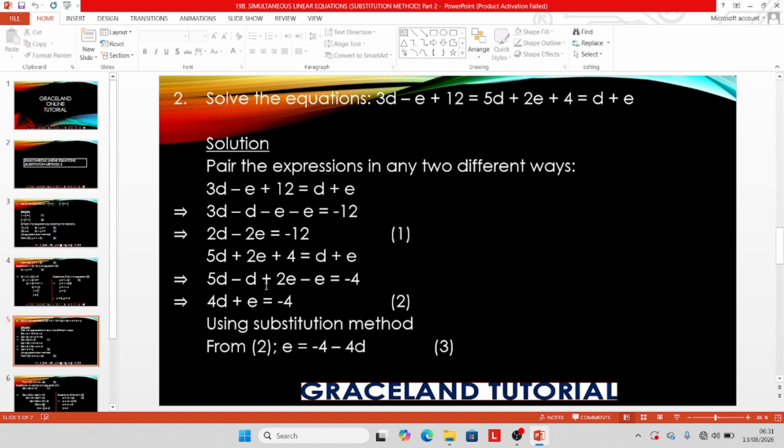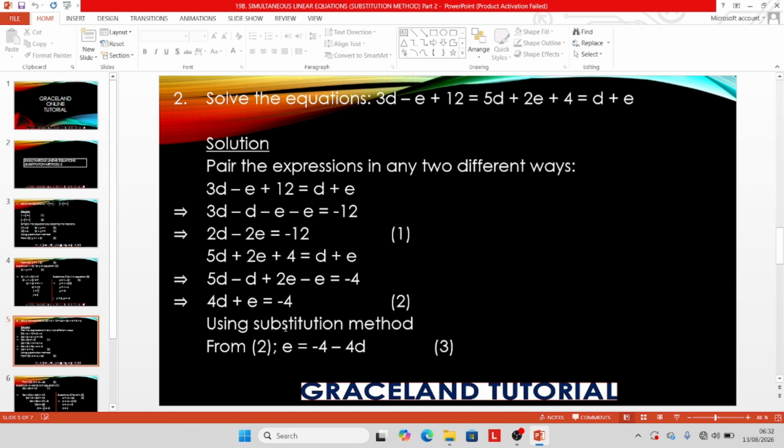Then plus 2e, move plus e to the left hand side, and that will turn to minus e, which is equal to the plus 4 we have here, move it to the right hand side, and that will give us minus 4. Now 5d minus d will give us 4d, plus 2e minus e will give us plus e is equal to minus 4. So we have our equation 2.